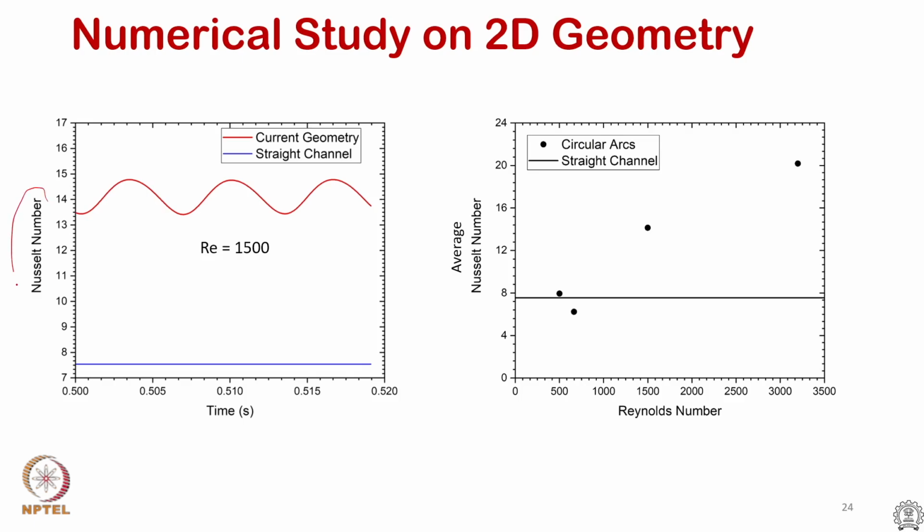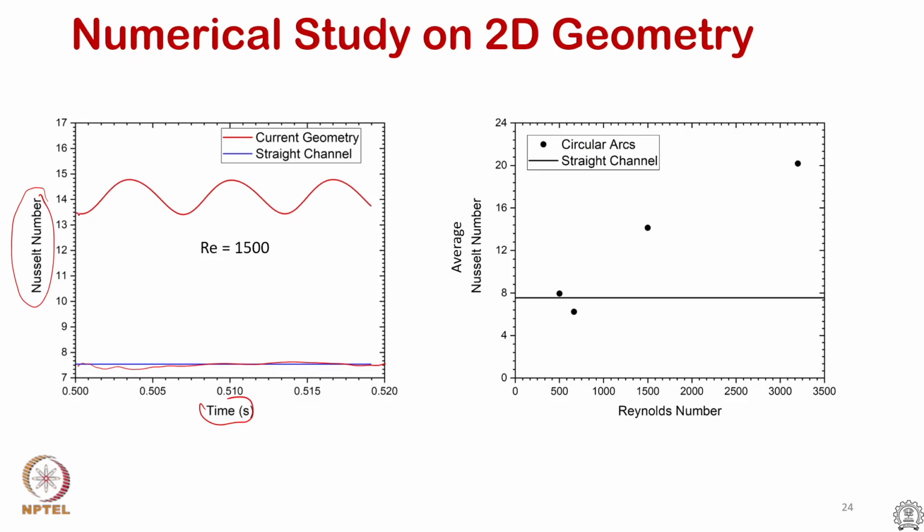So, what we are plotting is a Nusselt number as a function of time. A straight geometry will see this, and this is expected, and you can look up what a straight channel with the same hydraulic diameter has as its expected Nusselt number. It's a fully developed flow, so you can get a Nusselt number for that.